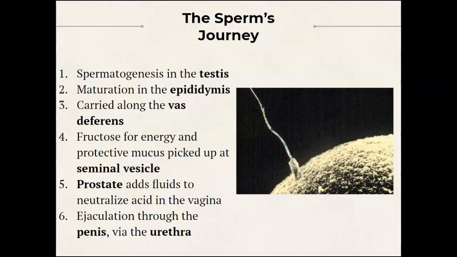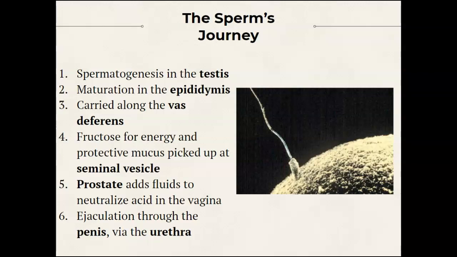So spermatogenesis starts in the testes, and sperm are matured in the epididymis, which is right on the outside of the testes. The sperm is then carried along the vas deferens, which is that tube that leads all the way around the bladder, and then picks up fructose, which is a sugar, for energy, and a protective mucus at the seminal vesicle. They need that protective mucus because the vagina is acidic.